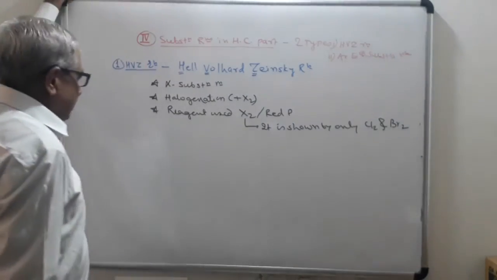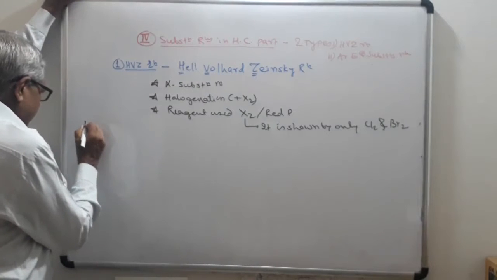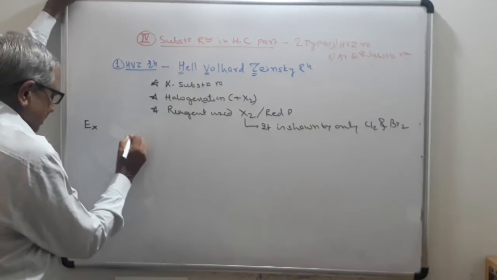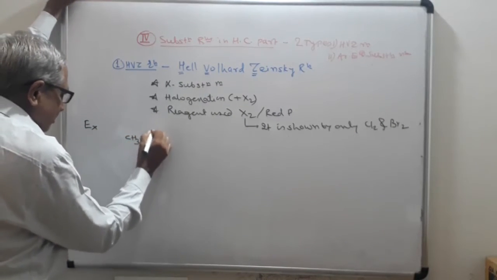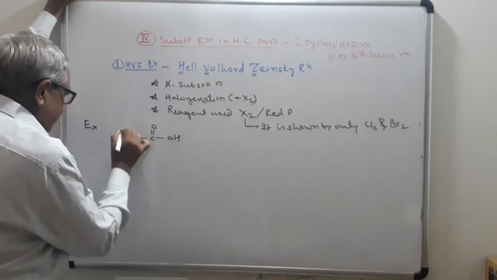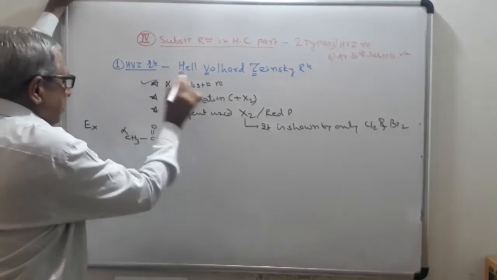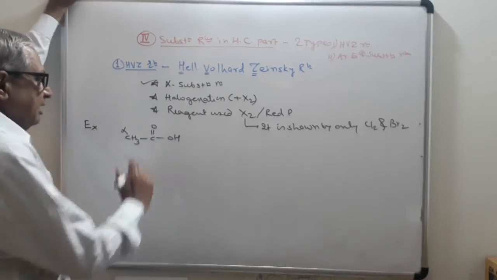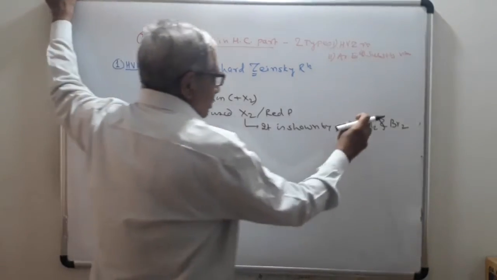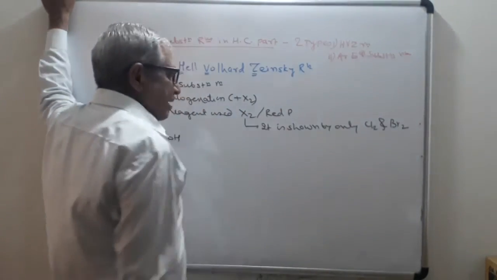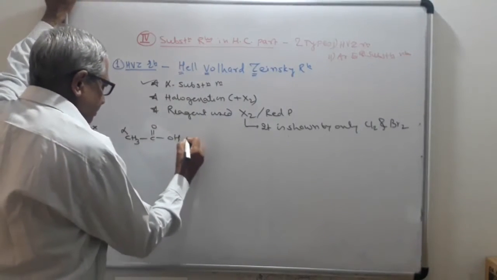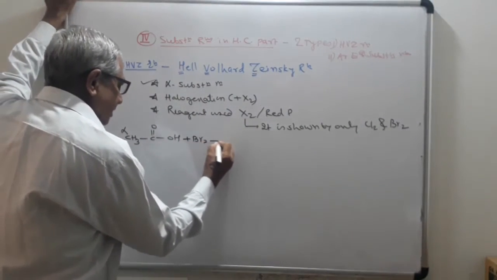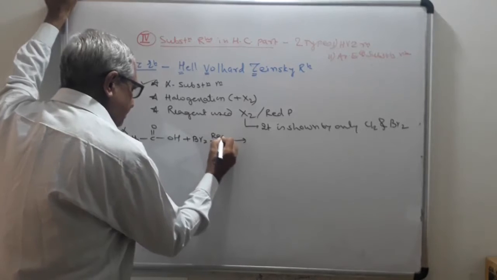So see the example of the HBZ reaction. CH3COOH. This is your alpha carbon, so I will explain the alpha substitution. It is shown by only chlorine and bromine in presence of red phosphorus. Suppose you use bromine, Br2, in presence of red phosphorus.